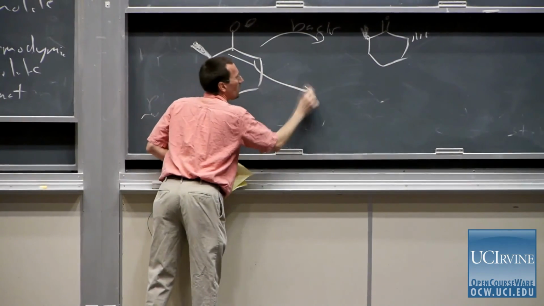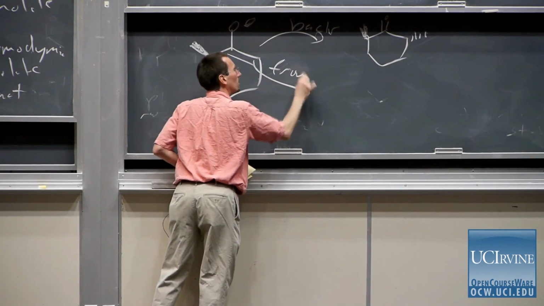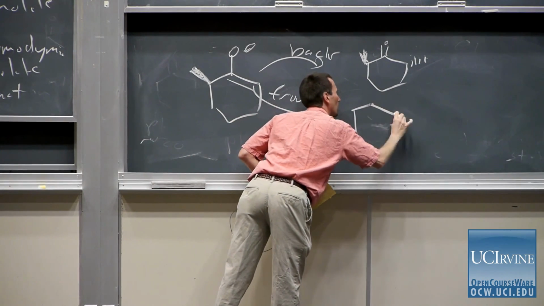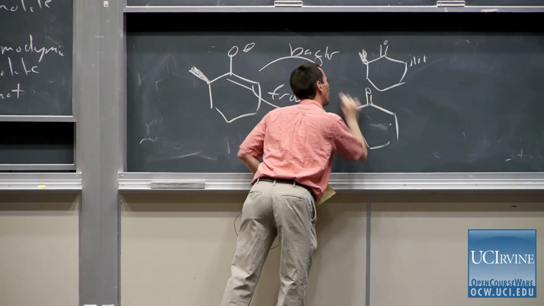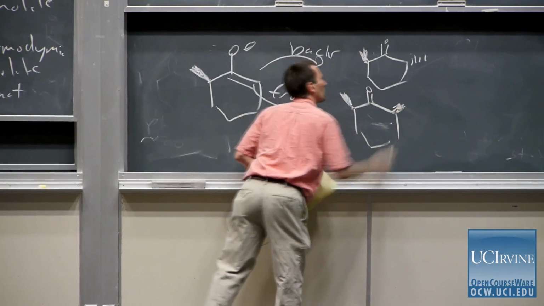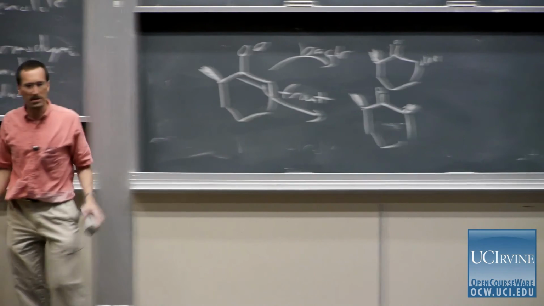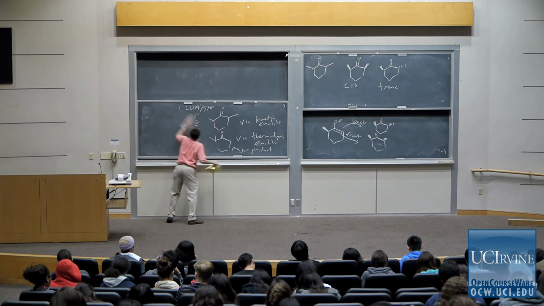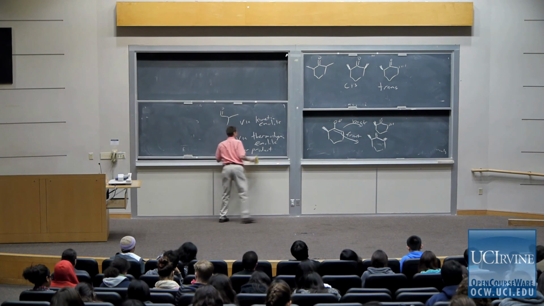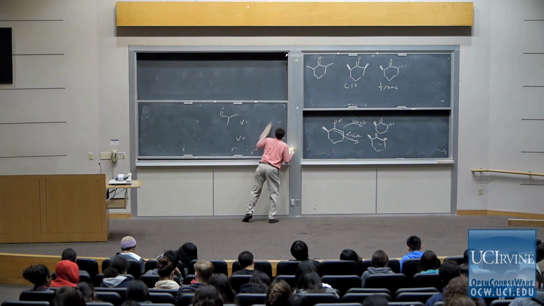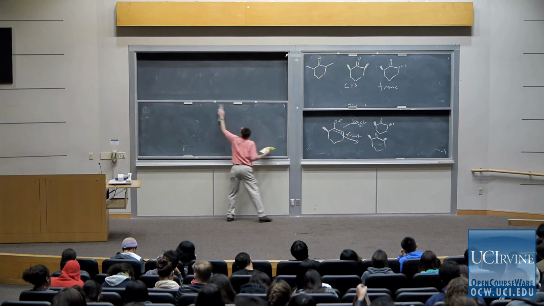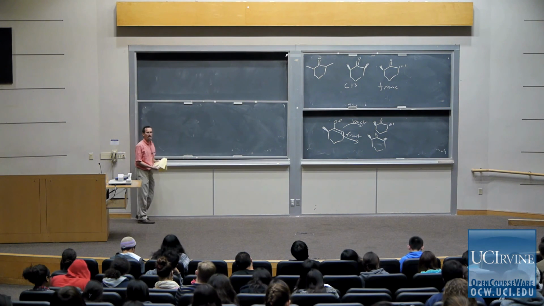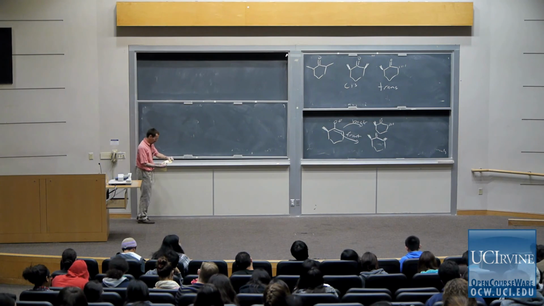If our methyl group adds from the front, we get the cis stereoisomer. And there's one more level of subtlety. And I'll show you that, and then that's going to wrap up today's lecture.